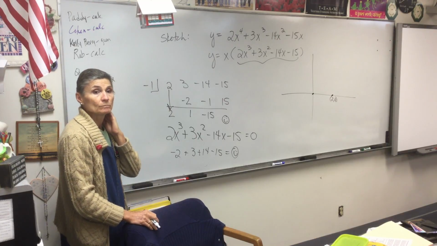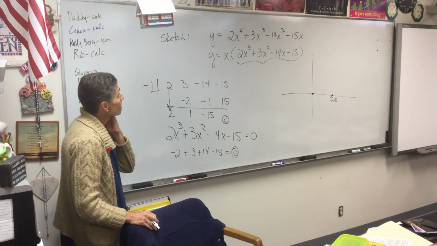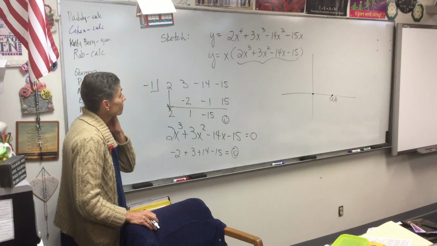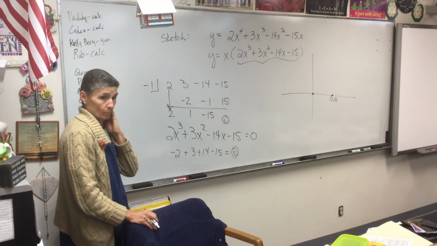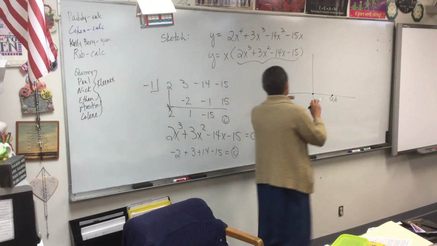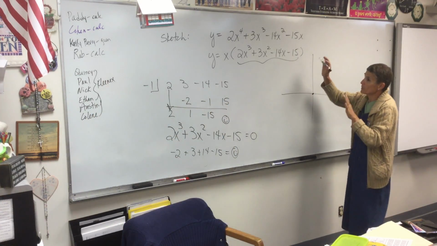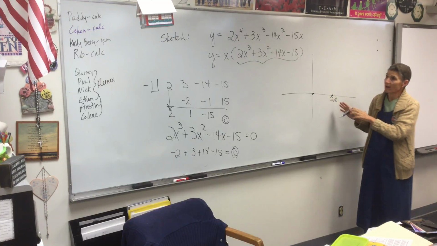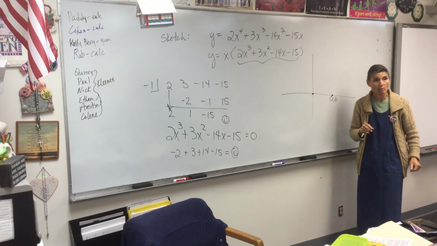Could you do it a different way by moving 15x to the other side and then taking x squared out of the equation? No. Remember that when we go to solve our equation, when we go to factor it, it has to be equal to 0.